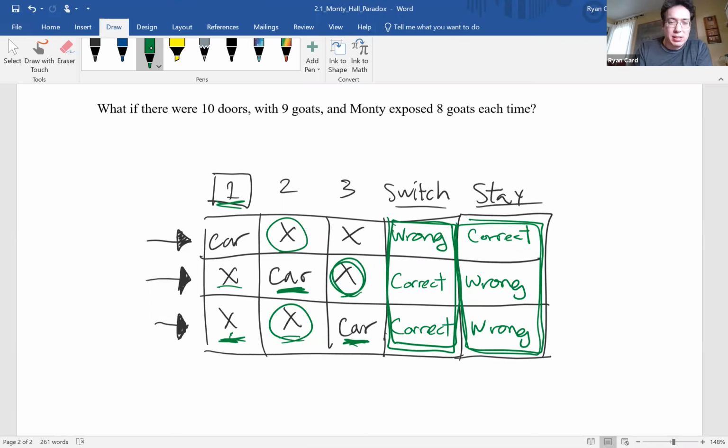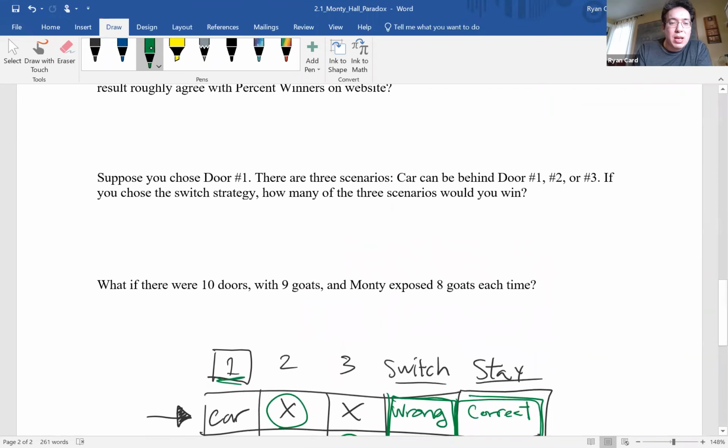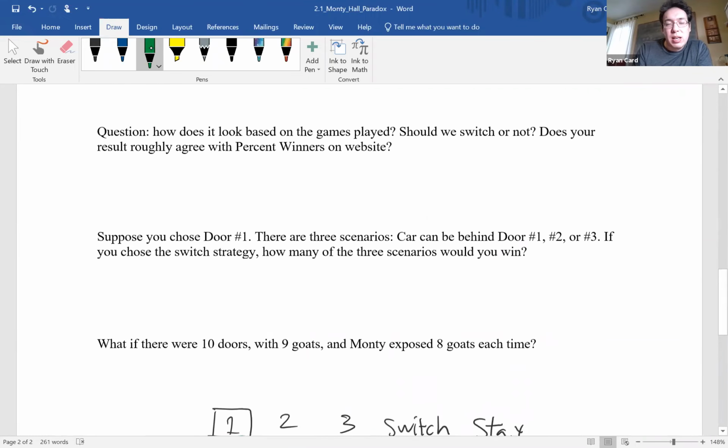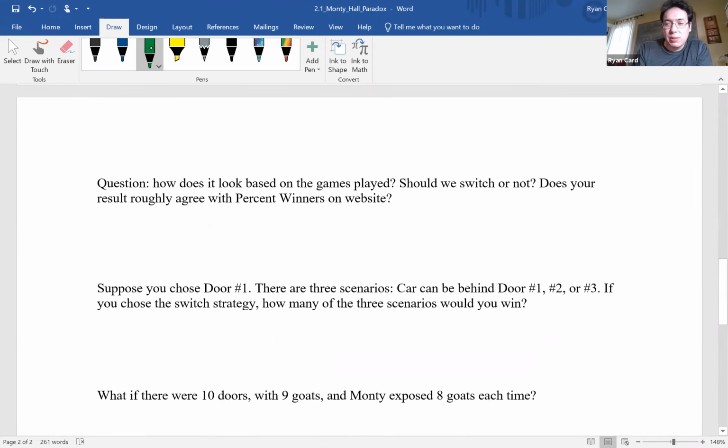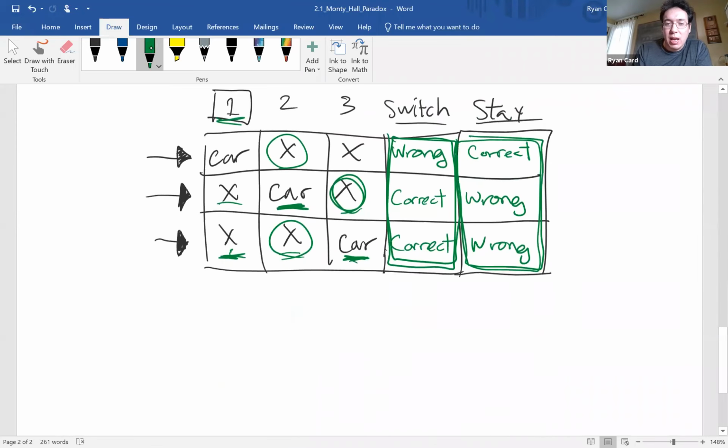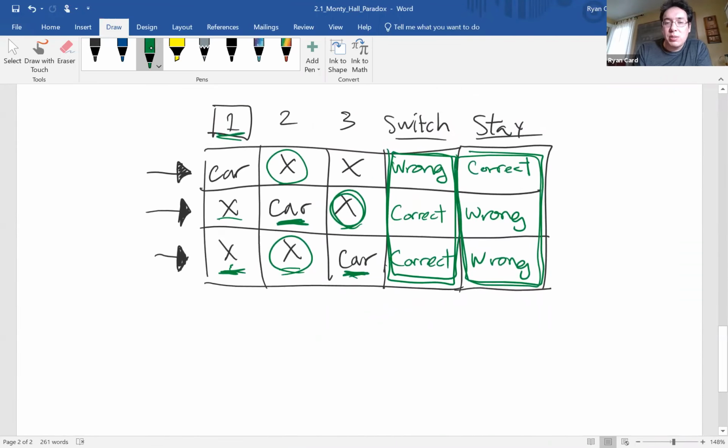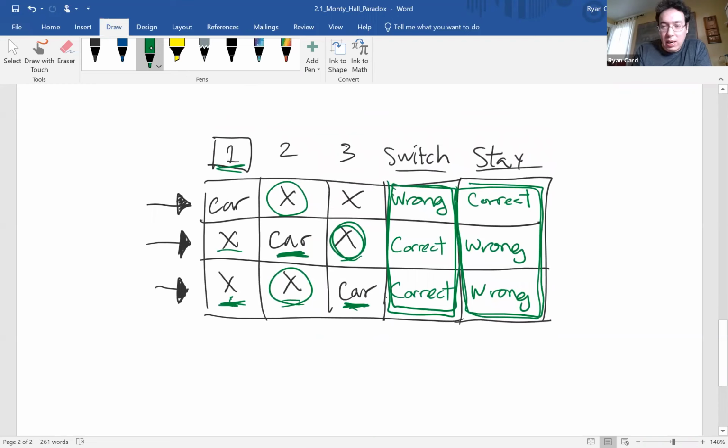I hope that made sense. And I hope you come to a conclusion that determining these probabilities is difficult to work out. A lot of people's gut feelings tell them that it should be 50-50 in this case, and that's wrong.